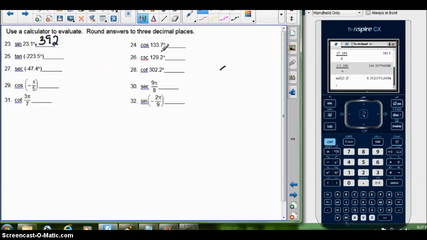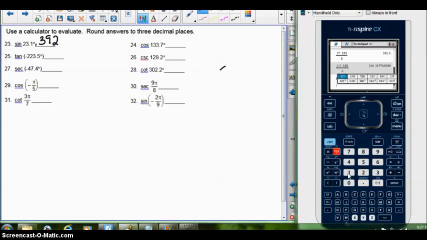Cosine of 133.7, trig, cosine 133.7, enter, and that would be negative 0.691.